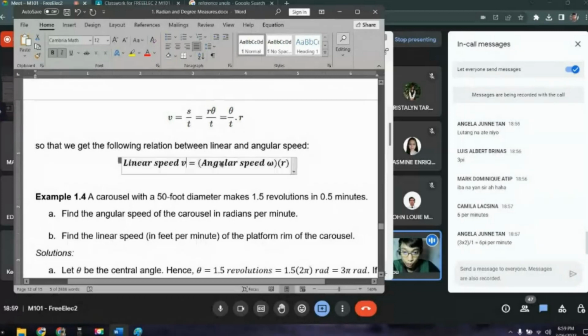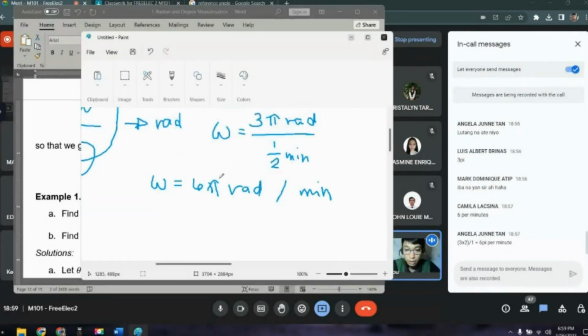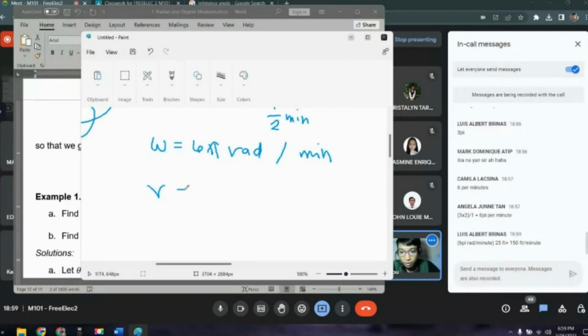Okay, since we already found the angular speed and we also know the radius based on the given diameter here. Okay, we can therefore determine linear speed, which is equivalent to angular speed times the radius r.